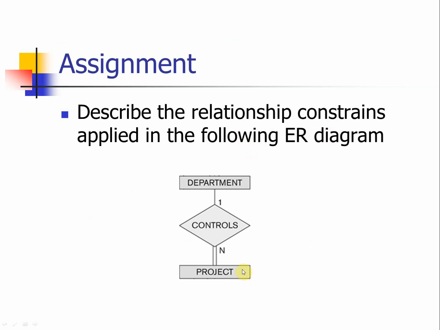I want you to explain to me in just 2 sentences what is the constraint provided in this information between department controls project on one side, and project is controlled by department on the other side. So give me the meaning of the ER diagram shown here. I just need those 2 sentences, and then give me a complete definition of what this ER diagram talks about.